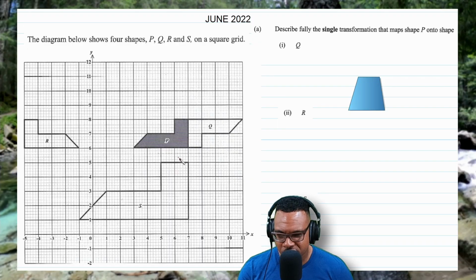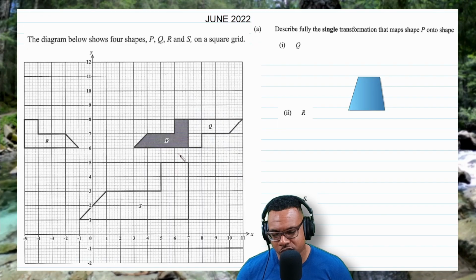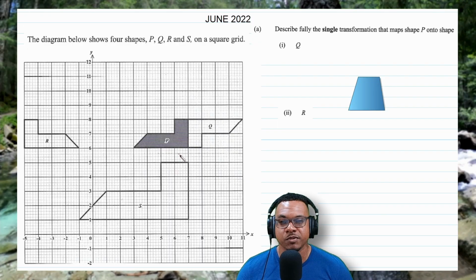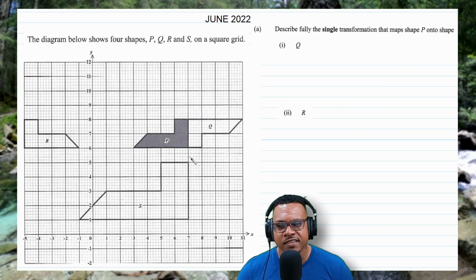So if it's a rotation, you need to find the center of rotation, whether it be clockwise or anti-clockwise, the direction, and the angle of rotation. Okay, how many degrees clockwise or how many degrees anti-clockwise. Now, in order to do that, I need to draw lines to the corresponding points on both diagrams.